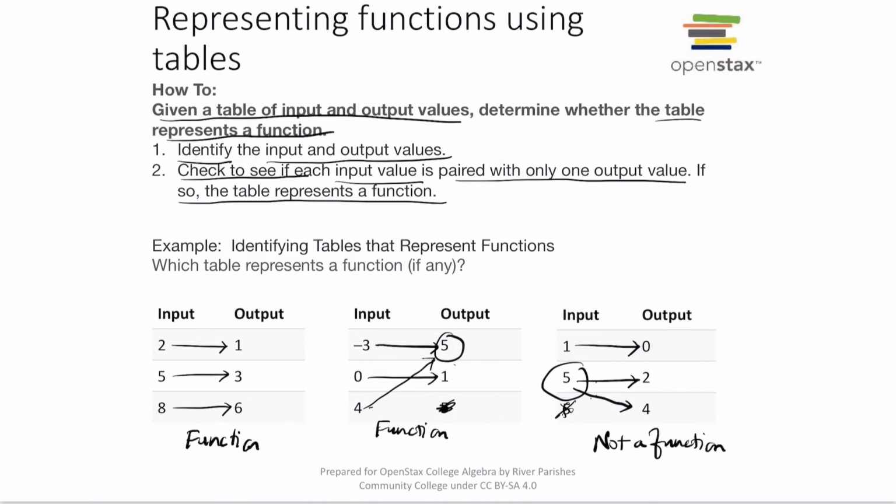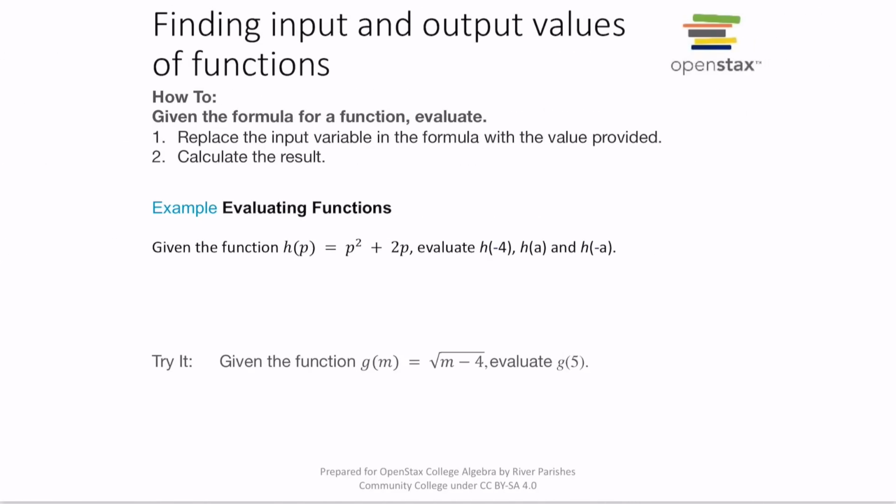So this is how we can determine whether a given table is a function or not. Choose the input. If every input has a unique output, that means it's a function. If one input gives more than one output, then that's not a function. So that's the idea behind function or not a function.